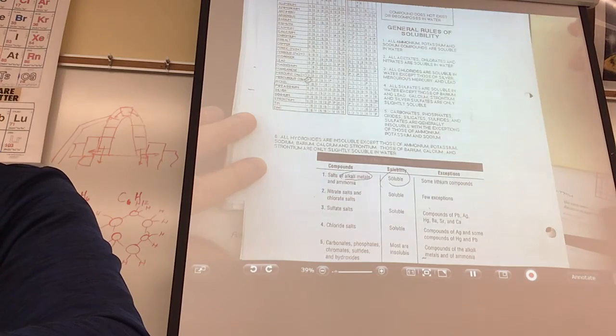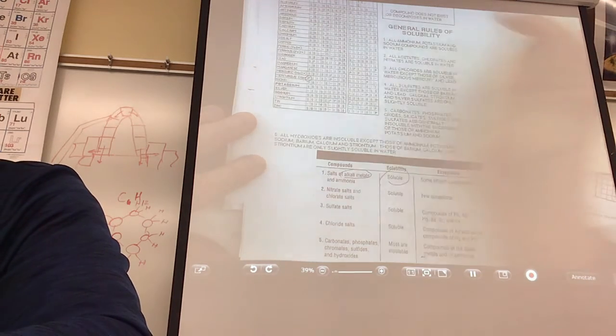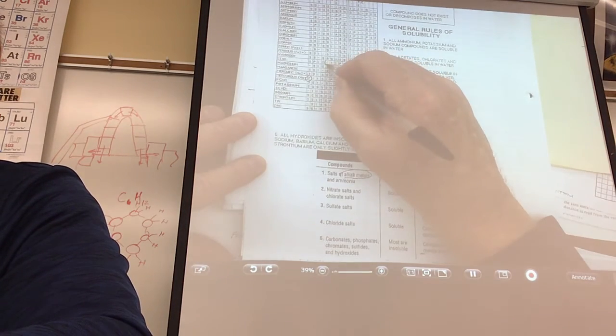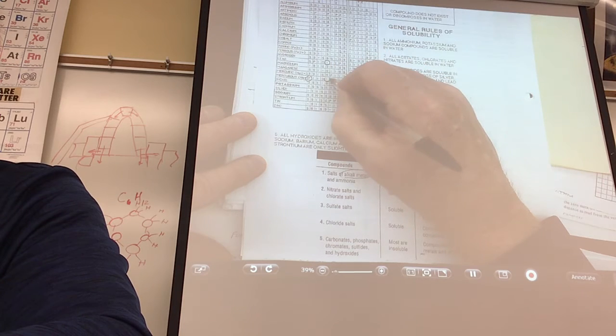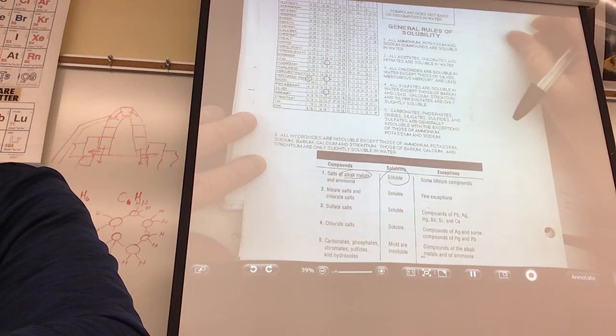Almost all of the acetates are soluble, right? What else? Bromides. Okay. How about chlorides? Okay, a lot of chlorides are. How about nitrates?